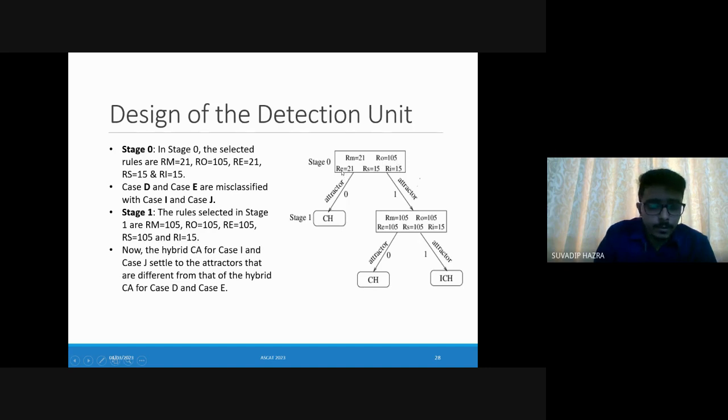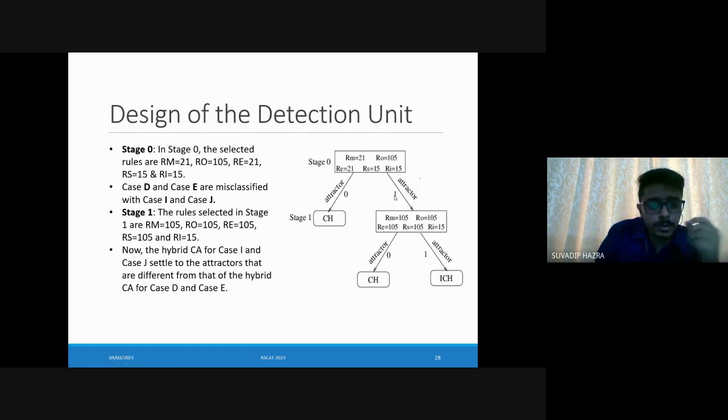Similarly, if the processor having the block is in exclusive state, it is configured with rule 21. If it is in shared or invalid state, it is configured with rule 15. Then we run this for n plus 2 time steps and check the LSB of the attractor. If the LSB of the attractor is 0, it says that it is a coherent state. If the LSB is 1, it tells that it is an incoherent state combination.